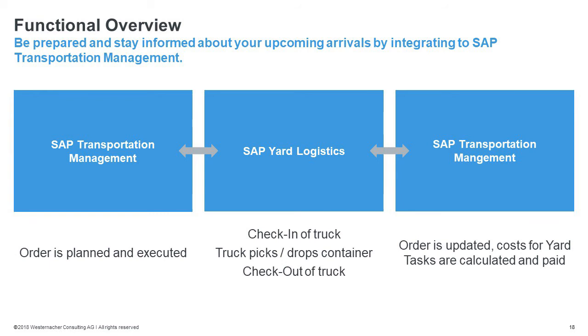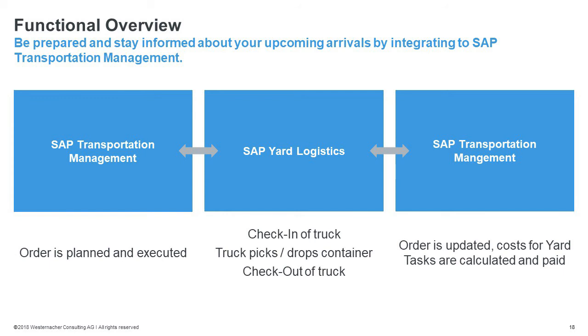All my steps on the yard have been completed, and with that I update SAP Transportation Management again on exactly this status, so that I can complete the freight order, start my charge calculation, and do my financial settlement with this carrier, because everything has been completed. This was actually the missing piece in SAP Transportation Management.